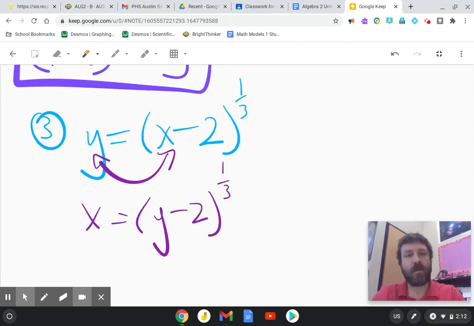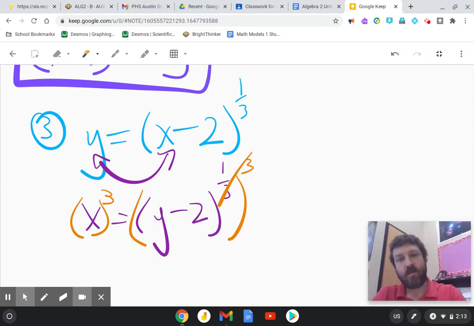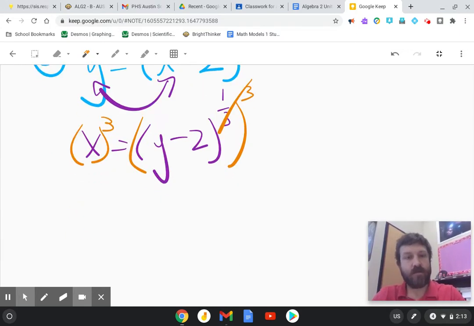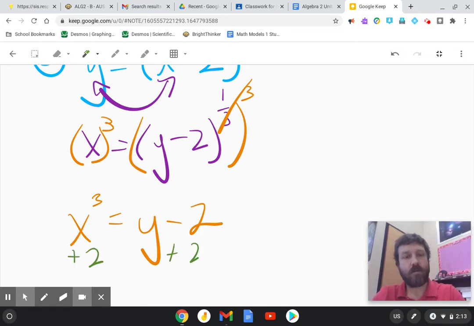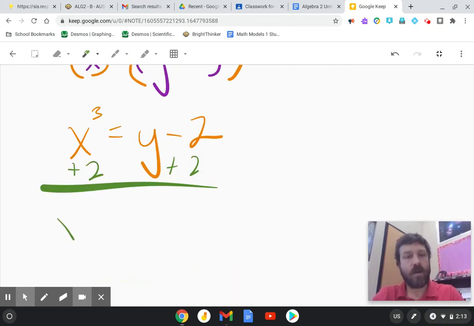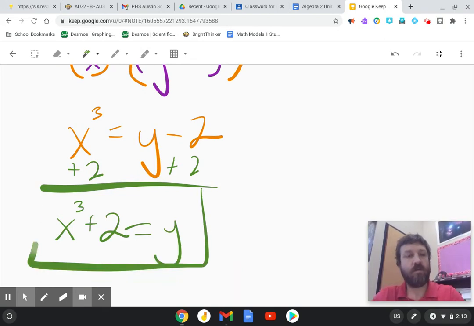And this one ends up being a little bit different because we can't get this 2 out of here until I get rid of this exponent. So I'm actually going to raise this entire thing to 3 on both sides so that those cancel out. This gives me x to the third over here equals y minus 2. And then I add 2 to both sides. x to the third plus 2 equals y.